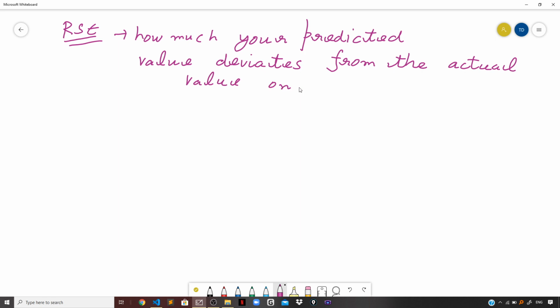So do take note of these definitions because they are very important for understanding the concepts that we will be learning later.